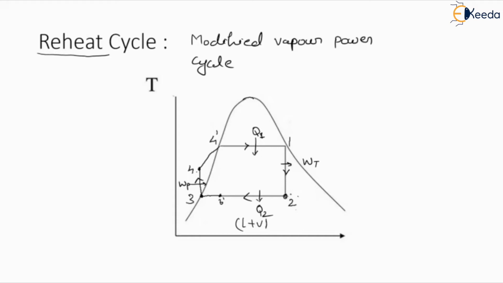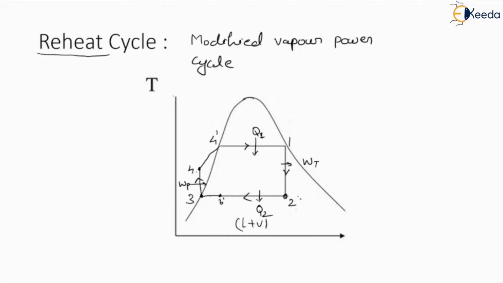The moisture content will be higher after expansion, and this higher moisture content can cause many types of disadvantages. It can cause corrosion of the blade or corrosion of the parts where we are transferring.